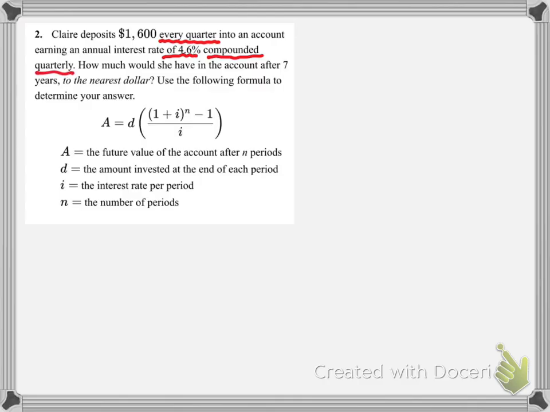How much would she have in the account after 7 years to the nearest dollar? So we're finding A again. That's no big deal. D, she deposits $1,600 at the end of each quarter. So D is $1,600.